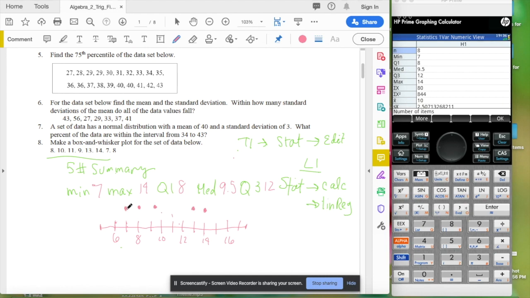So remember, the whiskers are the 2 little last edges, which is our min and our max. And then we have our box, and then we have our line that goes through our median. And it looks like that. Please excuse my poor drawing.